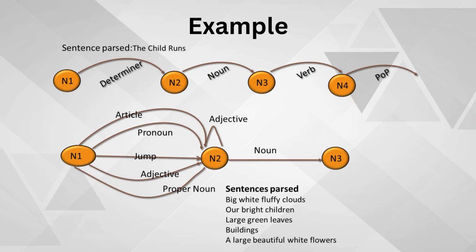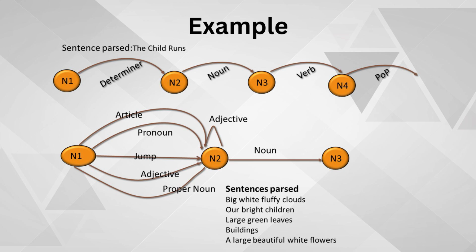So, what are the sentences which are processed by the second diagram? The big white fluffy clouds. From N1 it passes the adjective test and moves to N2 because big is an adjective. Next, white is an adjective, so loop in N2. Fluffy is an adjective, so loop in N2, and then clouds is a noun, moving to N3. This is the way these sentences are processed by the second diagram.